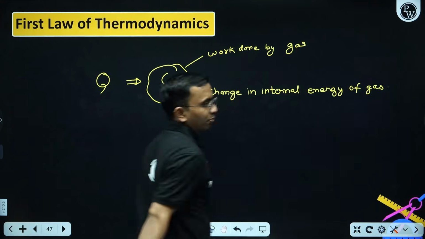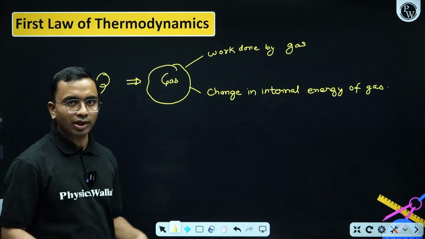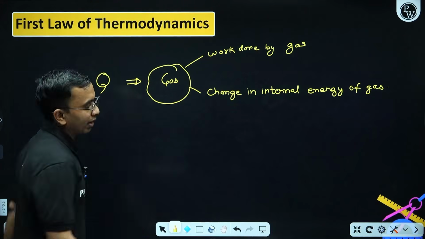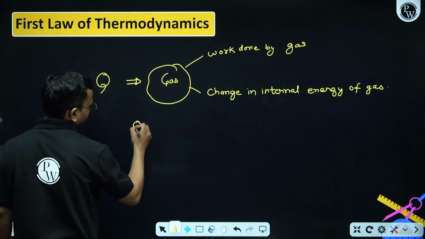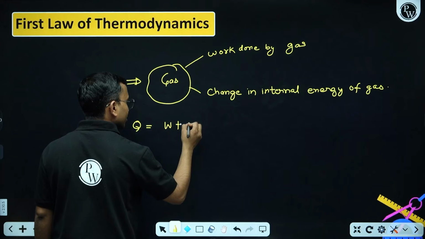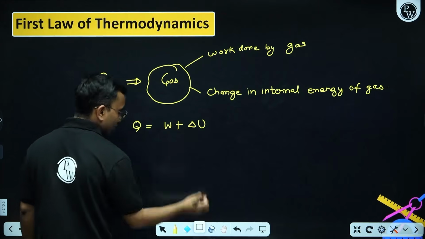So this is some simple energy conservation. Total energy will remain constant, isn't it? It can go in two ways. So I can say that the heat given Q is equal to the work done by the gas plus the change in the internal energy of the gas.